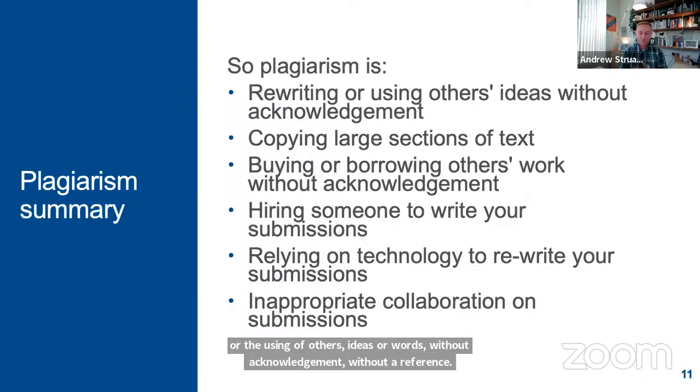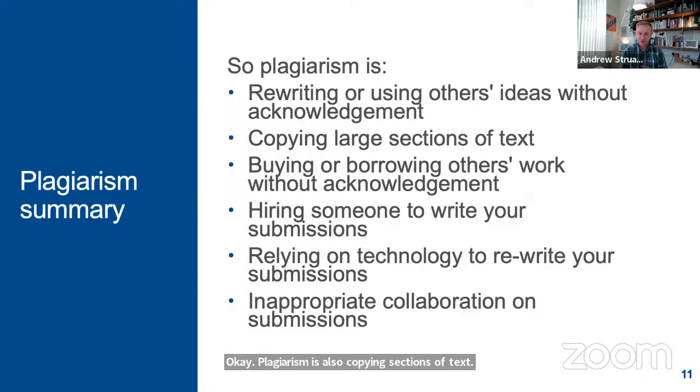Plagiarism is also copying sections of text and passing those texts off as your own writing. It's also buying or borrowing others' work without acknowledgement, so using other people's work, again, without acknowledging them. Same with regards to hiring somebody, essay writing services, and so on. Using AI to generate your text, or working with other students to cheat and collaborate.